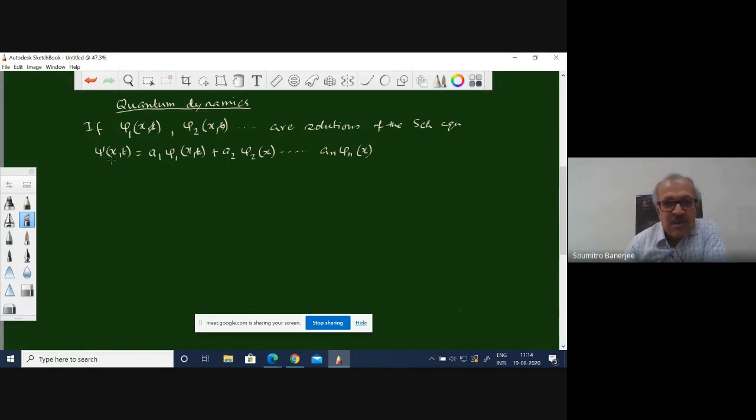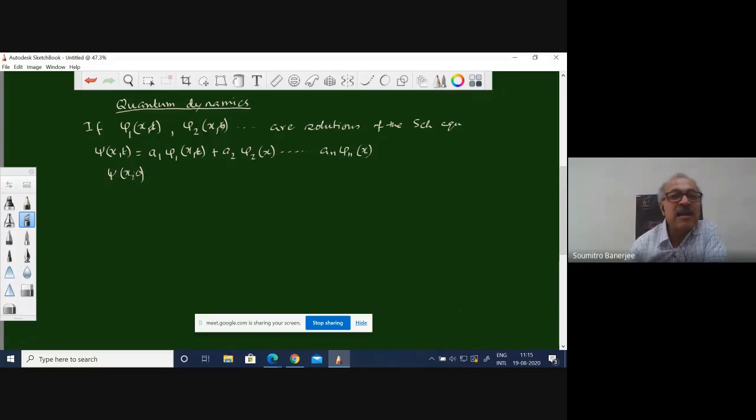Now in your tutorial problem that I gave, you are given a particular initial state psi of x, 0. Now that initial state can be thought of also as a linear combination of all this. So the way to solve that problem was initially to think of the initial value like this.